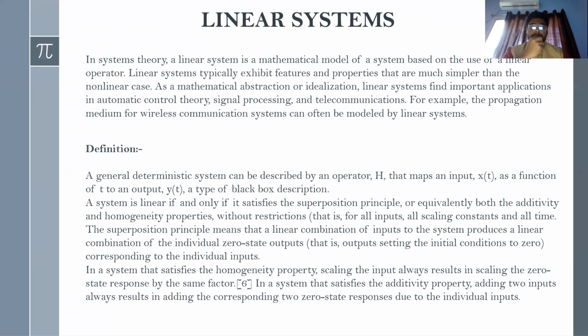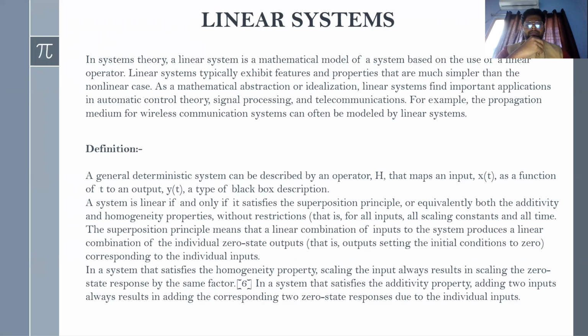The superposition principle means that a linear combination of inputs to the system produces a linear combination of the individual zero state outputs, that is, outputs setting the initial conditions to zero, corresponding to the individual inputs.